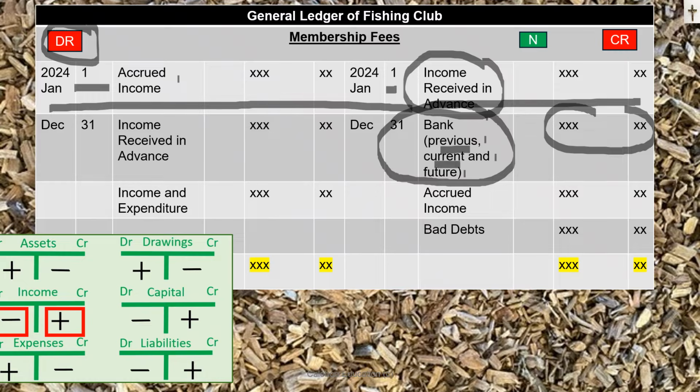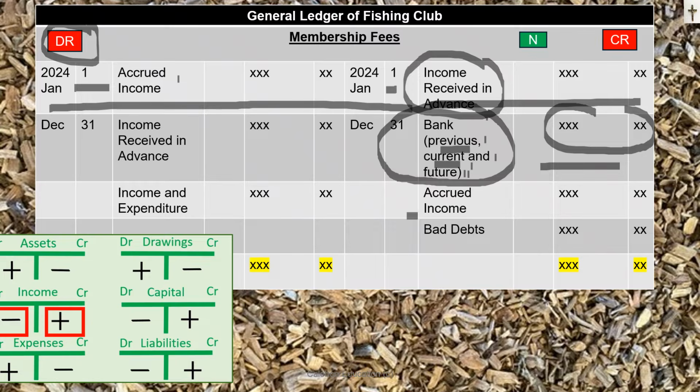Members pay us on time in the current year. And then some members actually pay us this year for next year. We will receive all that money. All money received for membership fees must be entered into the membership fees account, even if it was for the previous year or it is for next year, and obviously the current year.